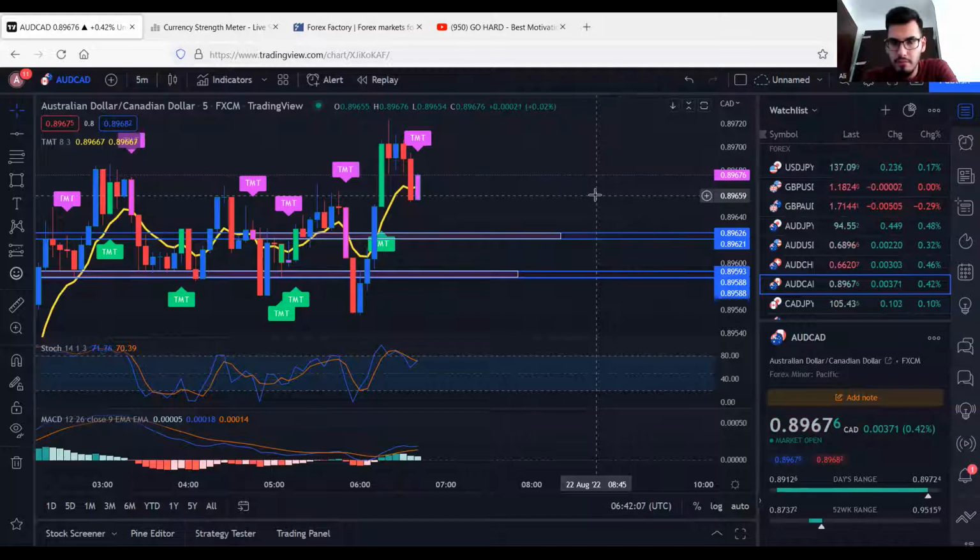That candle is actually blue. Okay, let's see. There's 3 more minutes left for the candles to close.